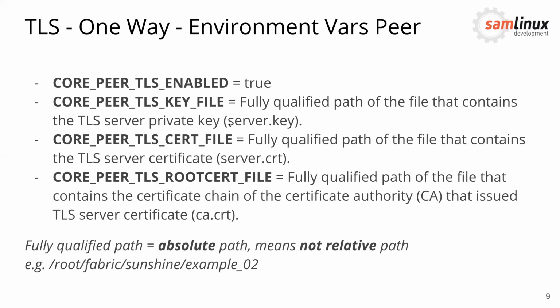So the key file is the private key, the server key here, and the server cert is the certificate with the public key and the signing certs included. And the root cert file could also be an array, and it's the CA cert file.